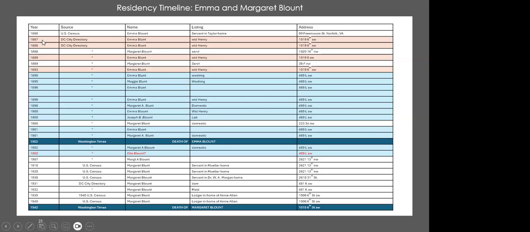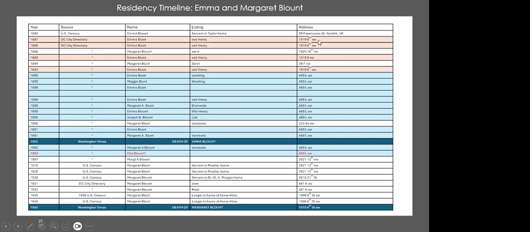But after that, they are in Washington, D.C. from 1887 all the way to Emma's death, in 1902, and Margaret until her death in 1942, both showing in the Washington, D.C. city directories. And I used these colors to help me see when they were changing addresses.